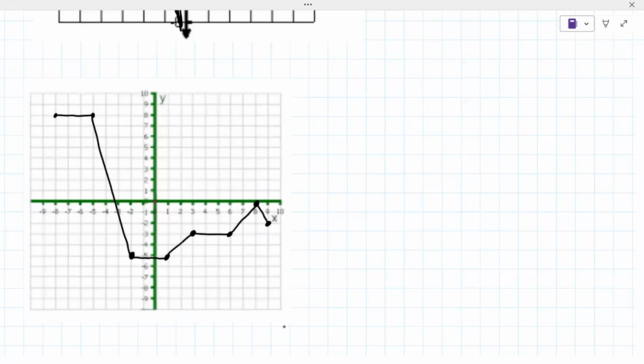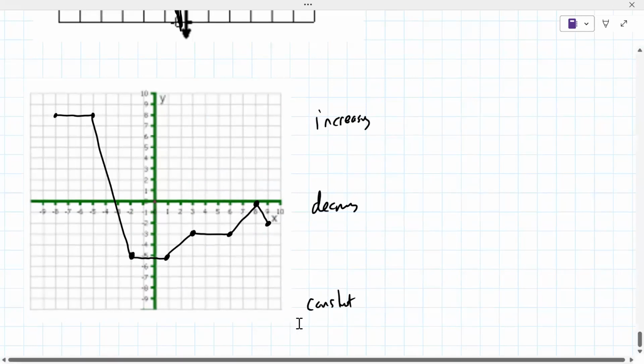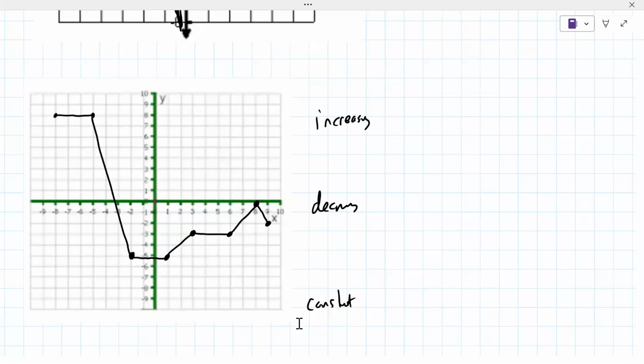I know this is a little hard to see, but I think you can do okay. Give me increasing, decreasing, and constant. Or if you want to do constant first, it doesn't matter. The order doesn't matter to me. Just let me know what you want us to do.